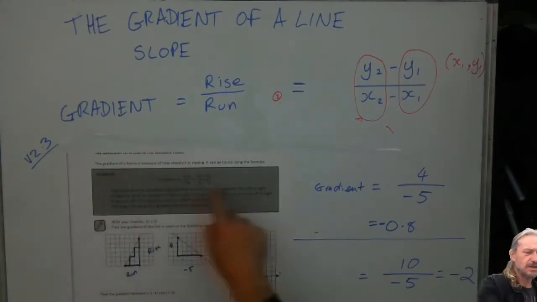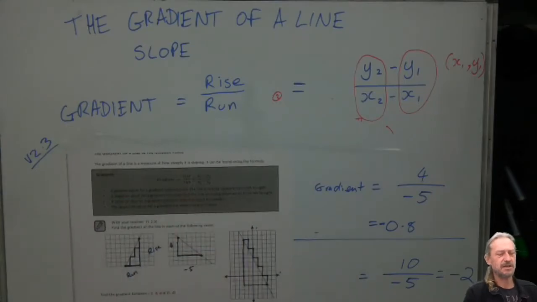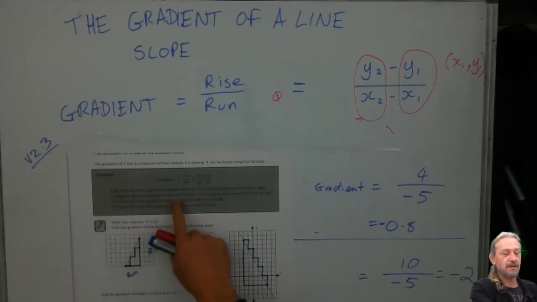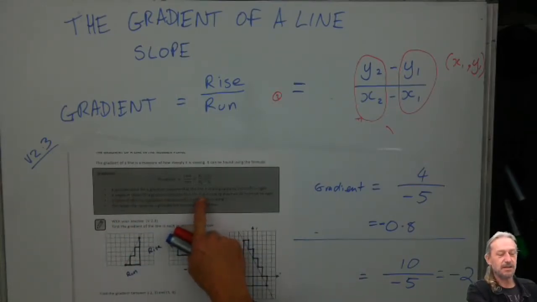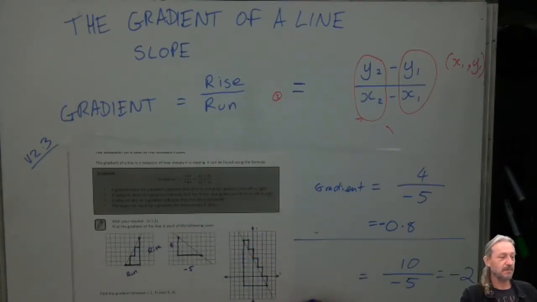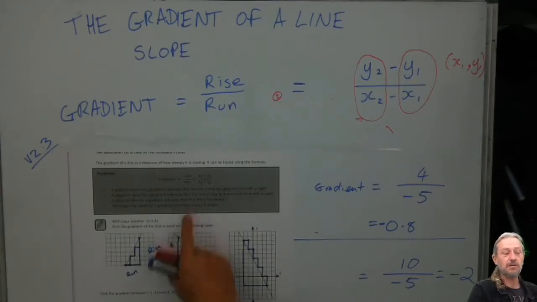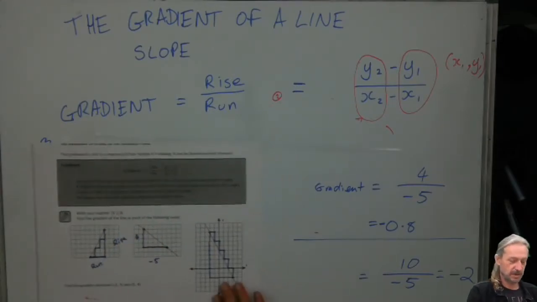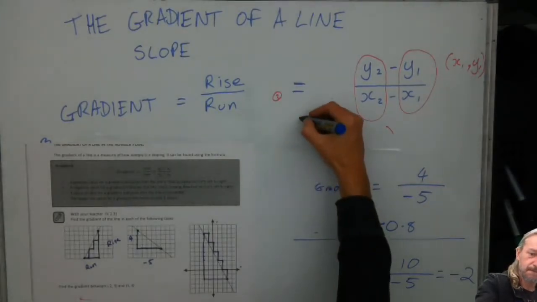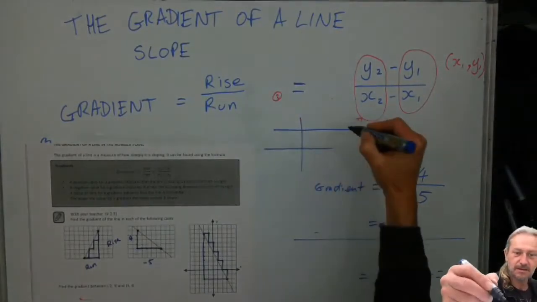So, just to summarise what it says here, a positive value for the gradient indicates that the line is sloping upwards from left to right. A negative value for the gradient indicates that the line is sloping downwards from left to right. A value of 0 for the gradient indicates that the line is horizontal. So that would be, if there's our axes and we had a line like that.